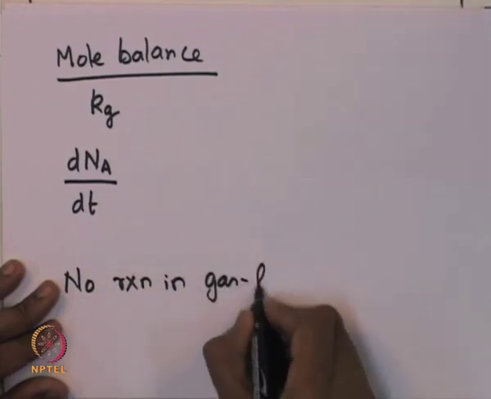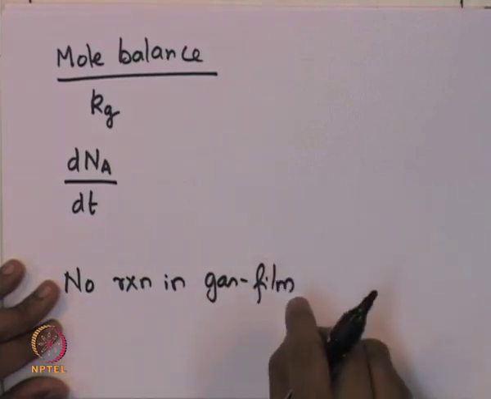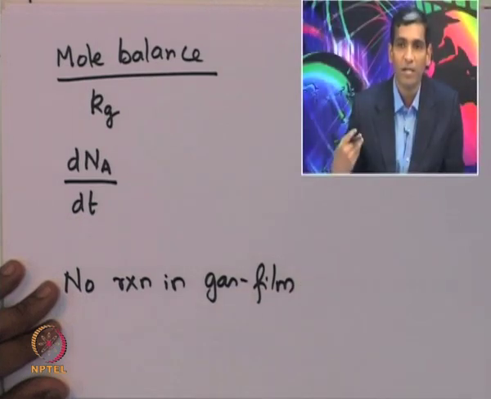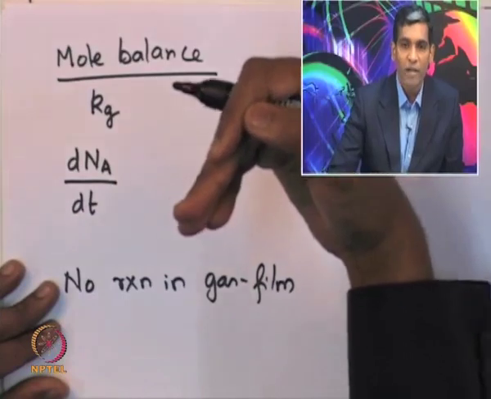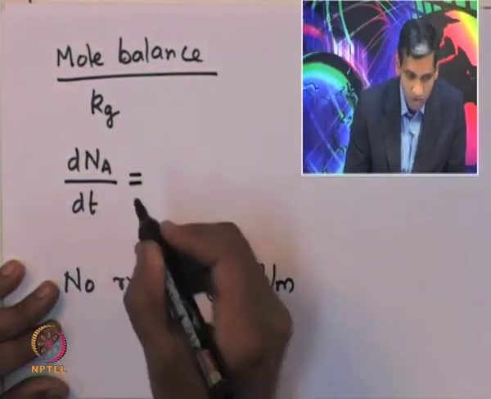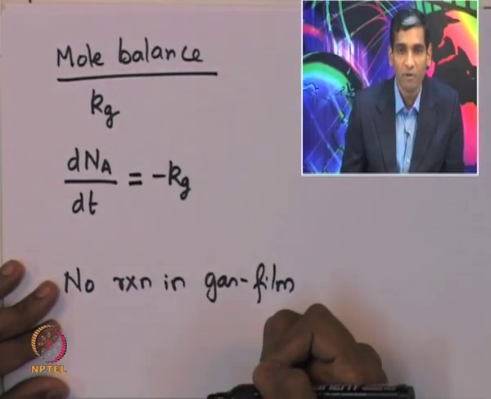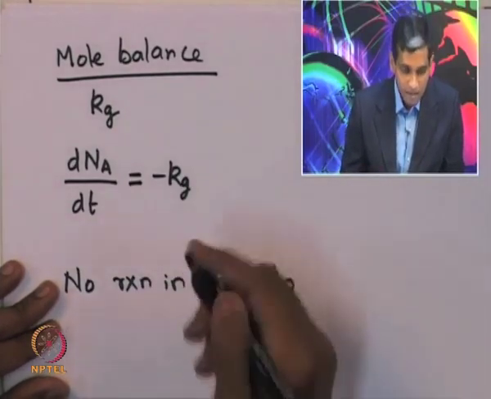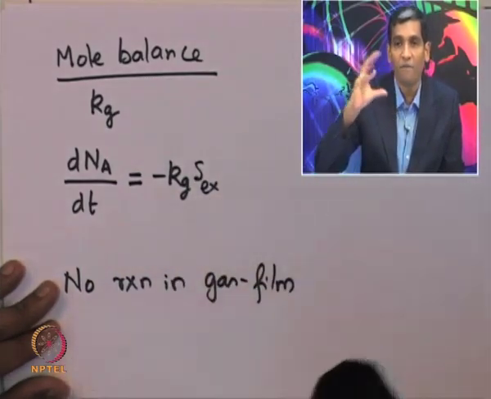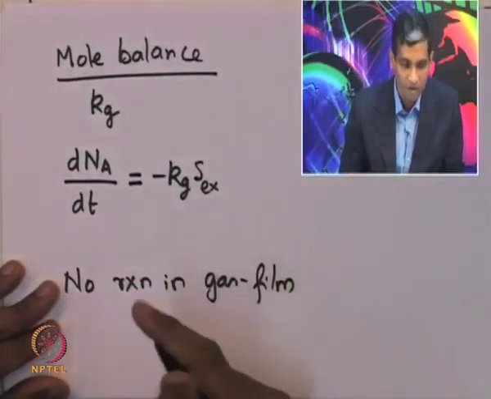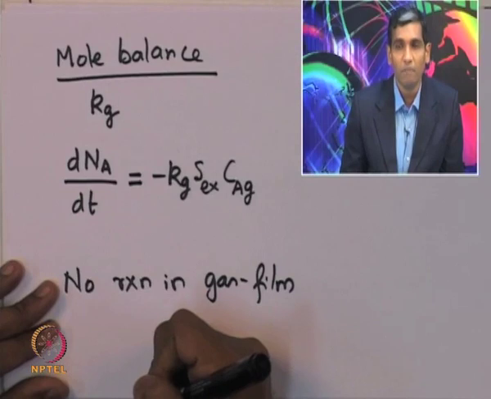in the gas film. So, the only process which controls the rate of change of the number of moles in the gas phase is the transport of species from the bulk to the surface of the solid core because of diffusion. So, that should be equal to minus kg, the mass transport coefficient, typically with units of centimeters per second, multiplied by S external, the external surface area of the core, and by the concentration of the species in the bulk phase.